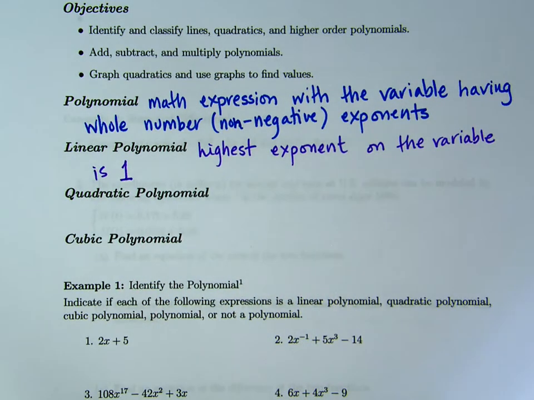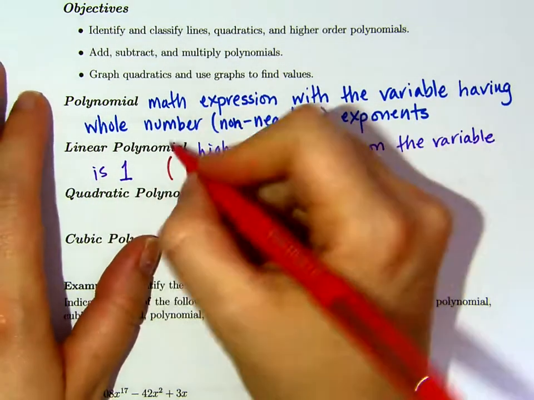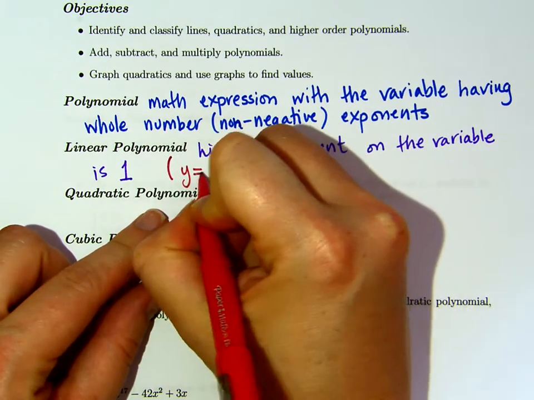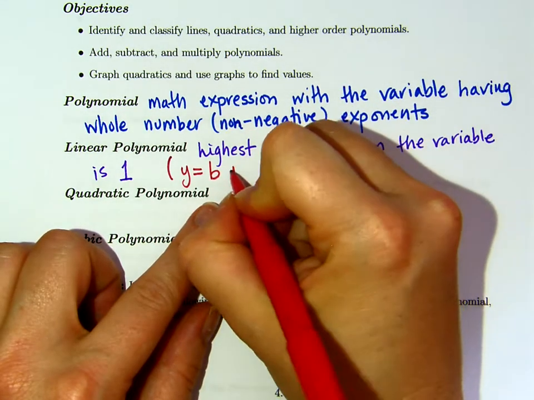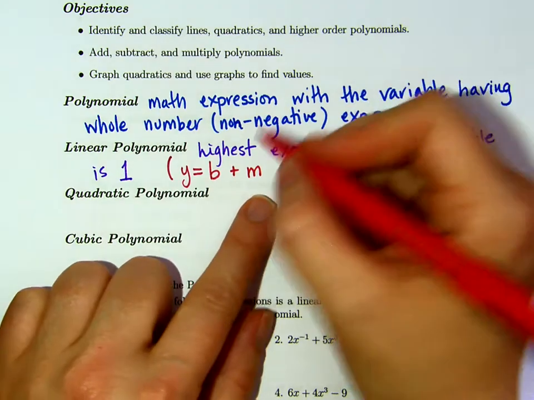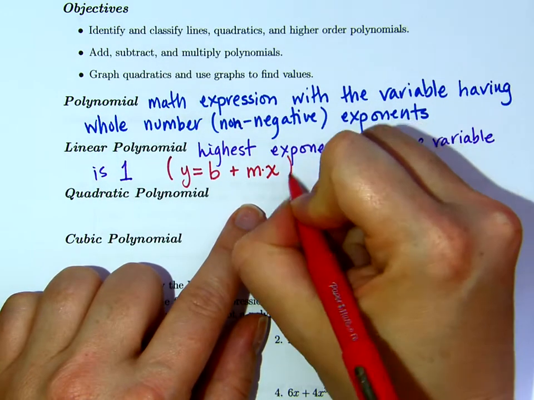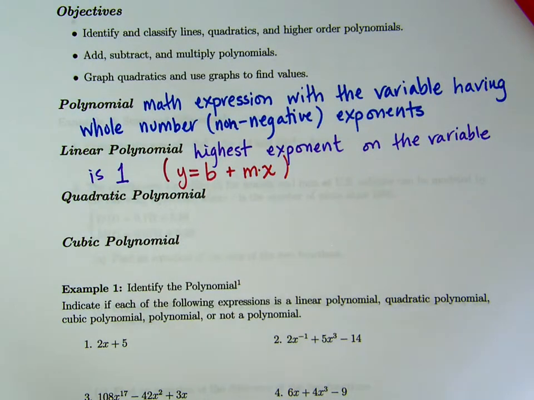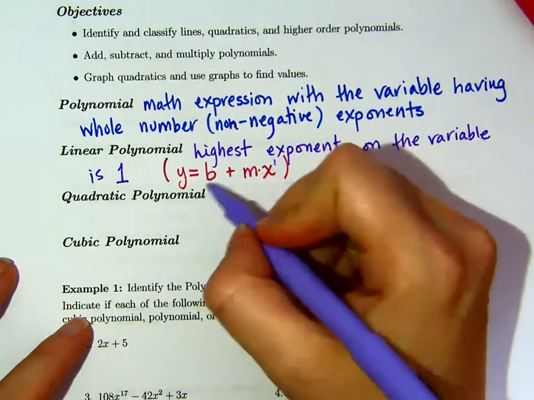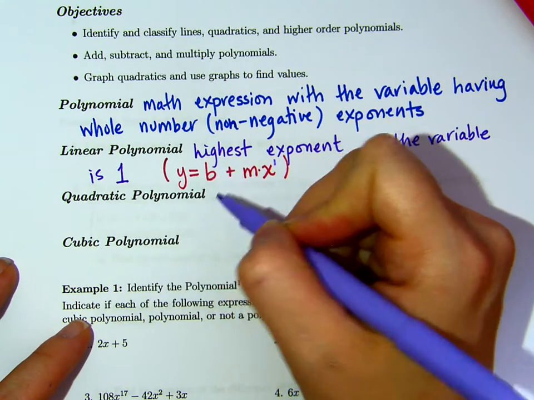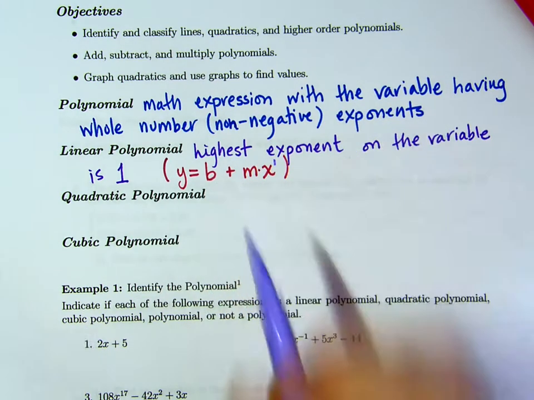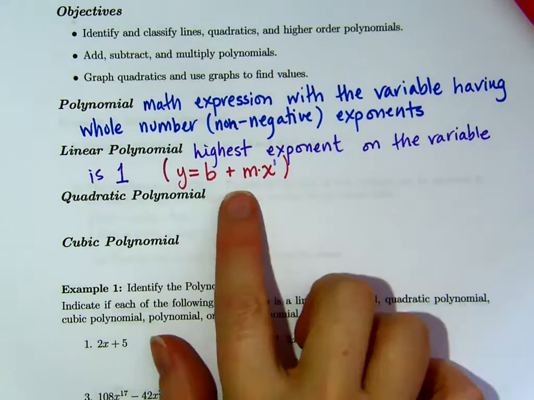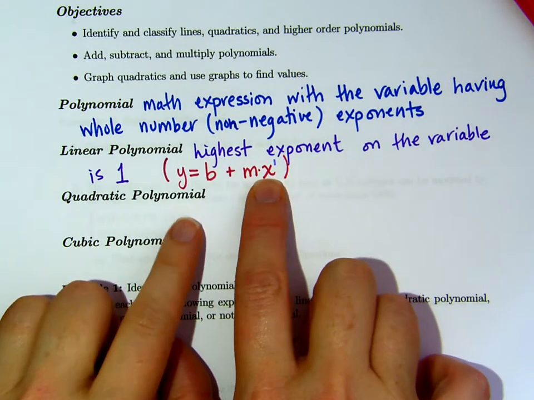And we know this, the linear polynomial looks like the form y equals the initial amount plus the constant change times x, and silently or implicitly, this is meant to be 1, and this has a variable to the 0 power here. So x to the first and x to the 0 here. So here's the linear equation where the highest exponent on the variable is 1.